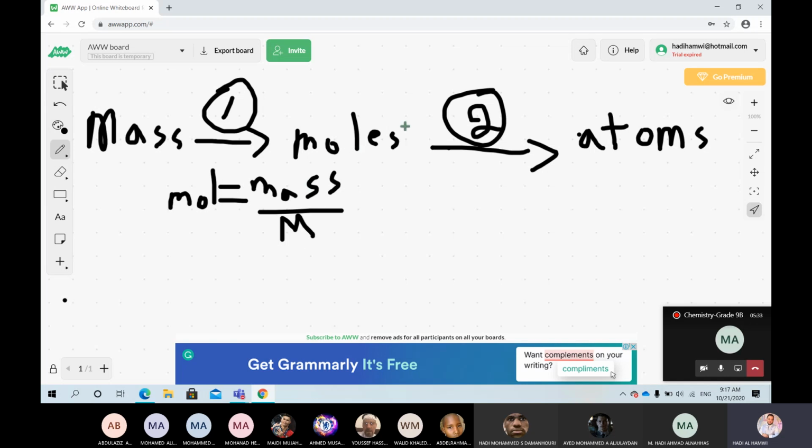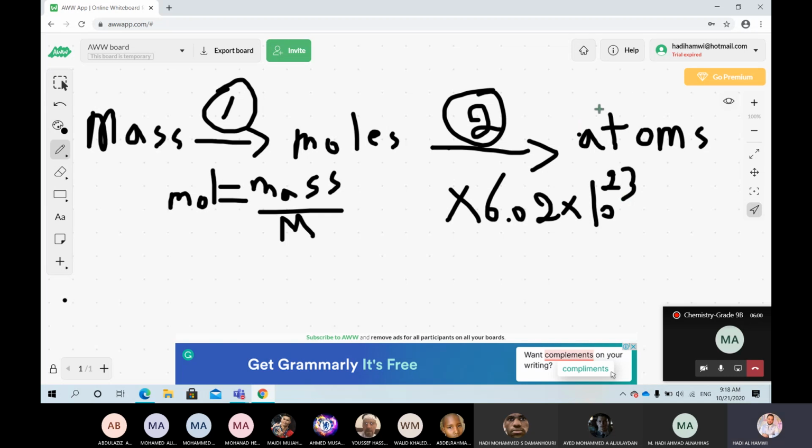Then when you have the number of moles and you want to change it to the number of atoms, you just multiply by Avogadro's number, which is 6.02 times 10 to the power 23.